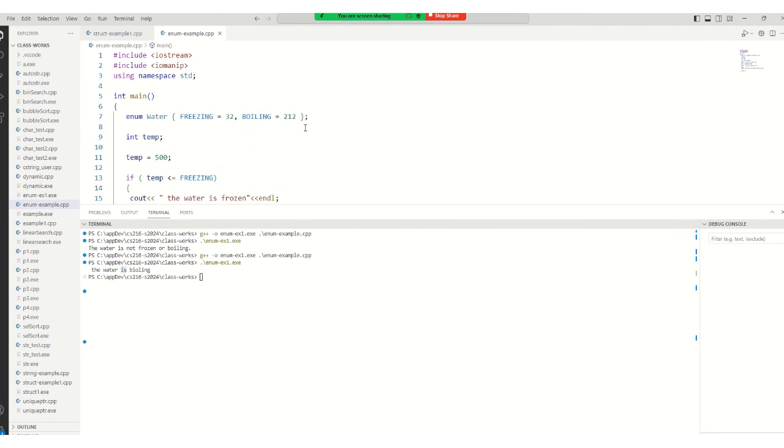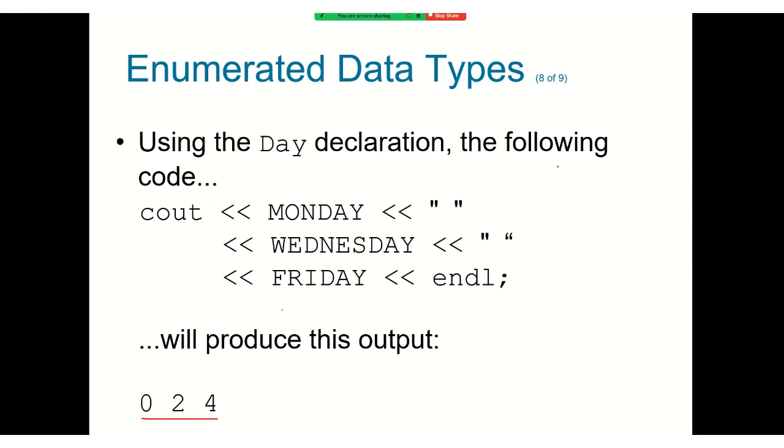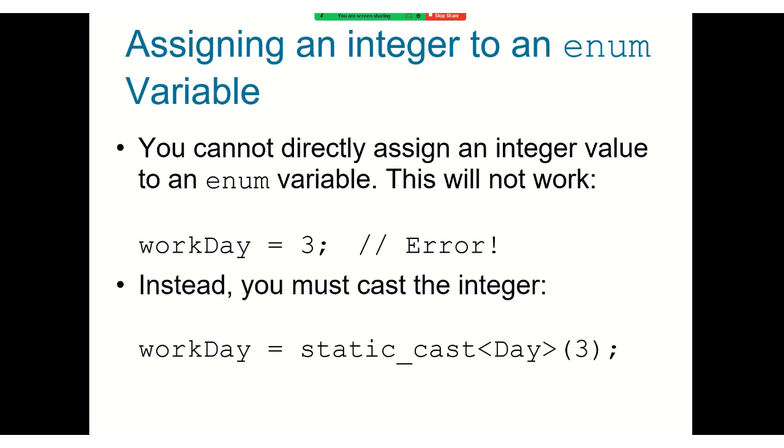So here you see this water enum, these are the numeric. If we don't use 32 or 212, then it would be 0 and 1. But we have initialized it to certain values. That's why they are representing those values. Okay, so it follows some discrete structure here.